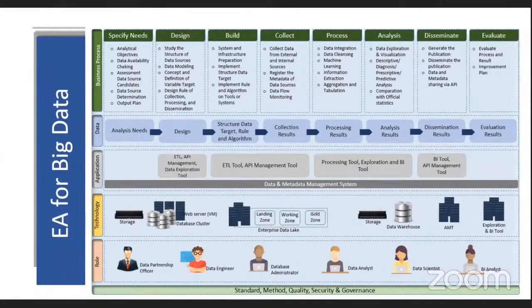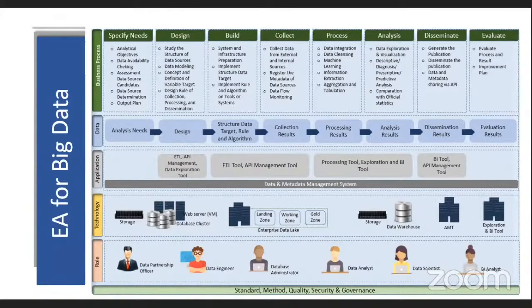For example, in the specify phase, we must consider our analytical objective, and we must check the data availability, because even when the data is free, we don't know about the continuity of the data.